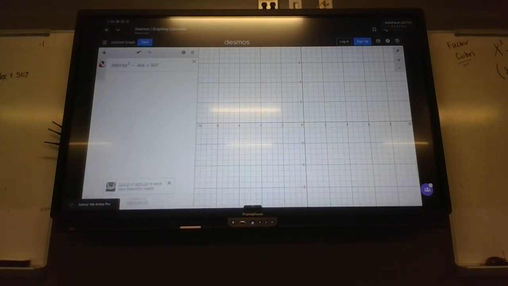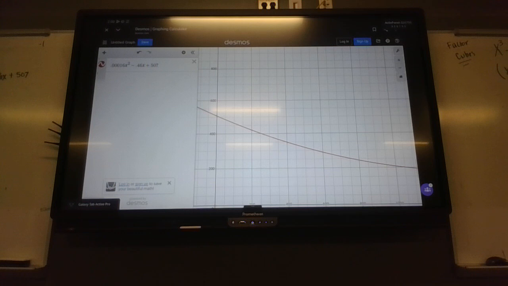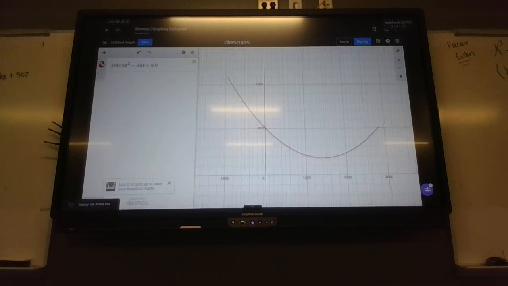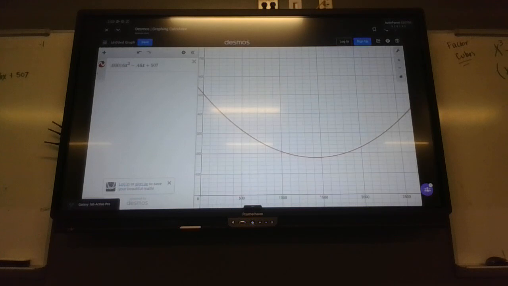Where is my graph? I can't see anything. You have to influence the graph. You have to have enough knowledge about the equation to know. Where's the center?